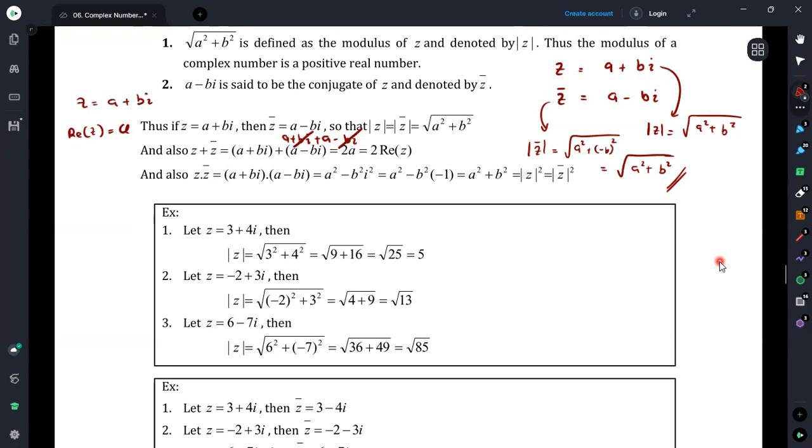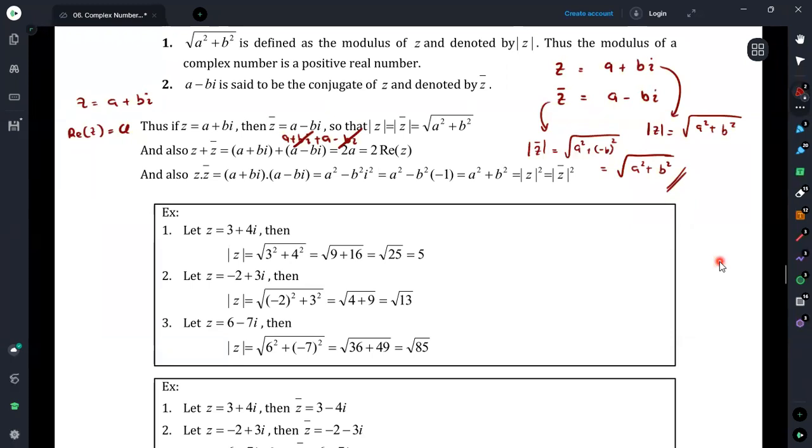And if you multiply the complex number with its conjugate, we'll see what we will get. The multiplication of a complex number with its conjugate gives a plus bi times a minus bi.